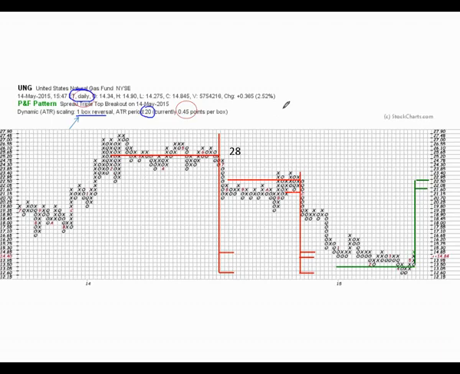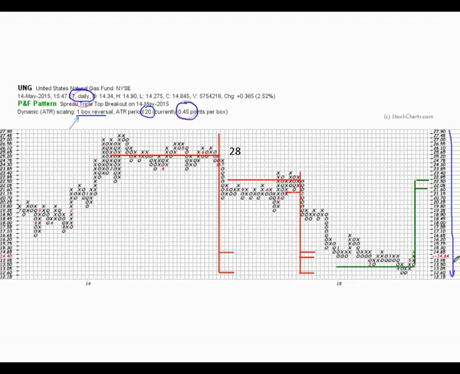Here, what I did is dynamic scaling using ATRs, and it came up with a 45-cent box size. So you can see over here on the left and right hand columns that these are 45-cent increments.